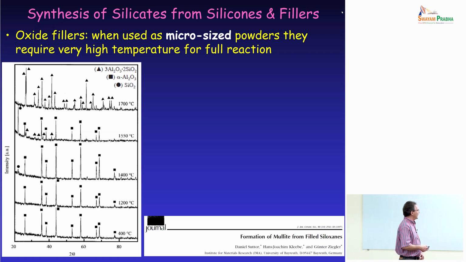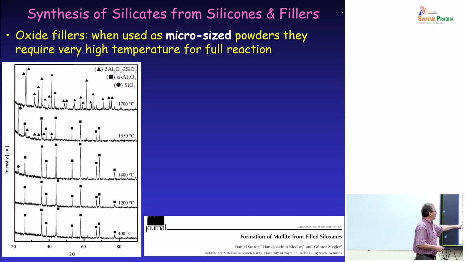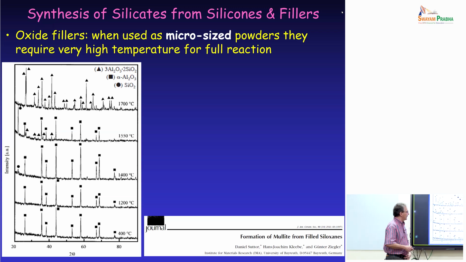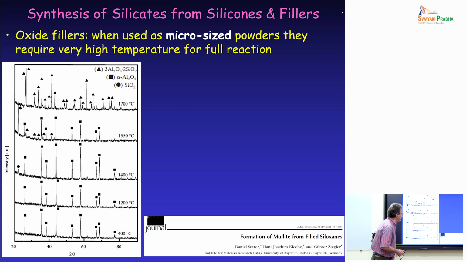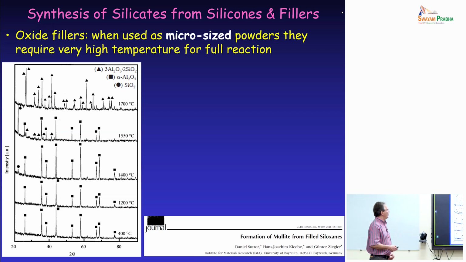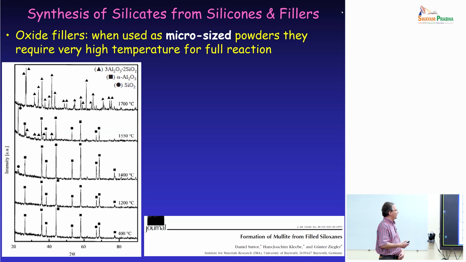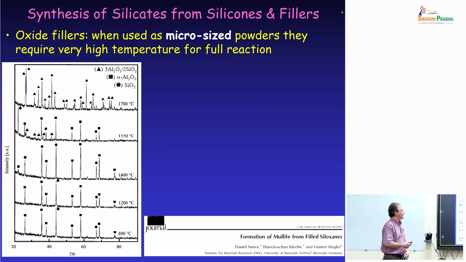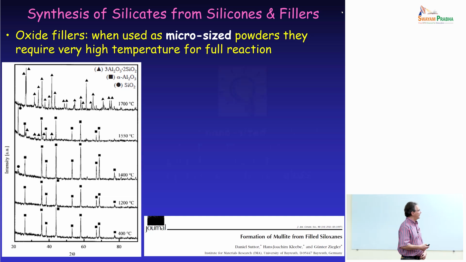Here you can see that you can form mullite at low temperature. So this is the original paper from long ago, from 1997, showing that if you use corundum as a particle for reacting with the silica coming from a preceramic polymer, you need to go to 1700 to obtain phase pure material.